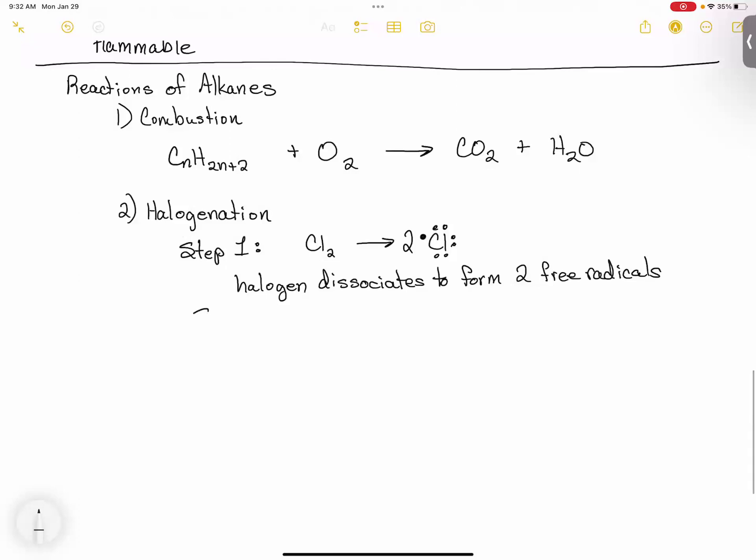Step number 2 is that one of the free radicals is going to react with our alkane, which I'm just going to use methane because it's the simplest of all alkanes, but all alkanes will do the same. And what's going to happen is this free radical is going to go in and it is going to tear apart that bond.